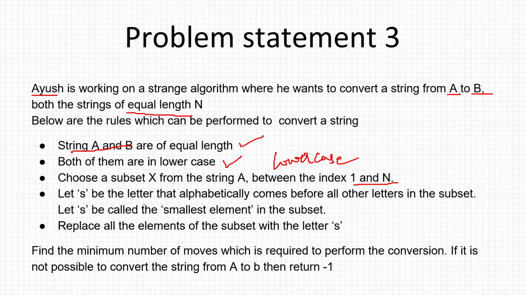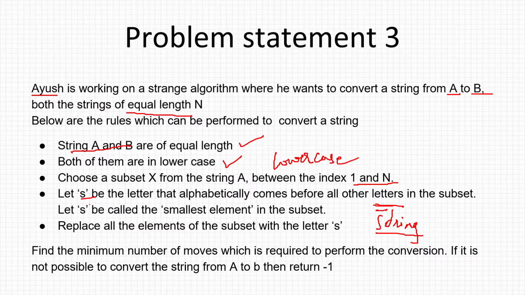Let S be the letter that alphabetically comes before all other letters in the subset. Whatever the subset is, take the string: what's a subset? This entire thing is a subset. S is a subset, ST is a subset, STR is a subset, and so on. Let S be called the smallest element in the subset.